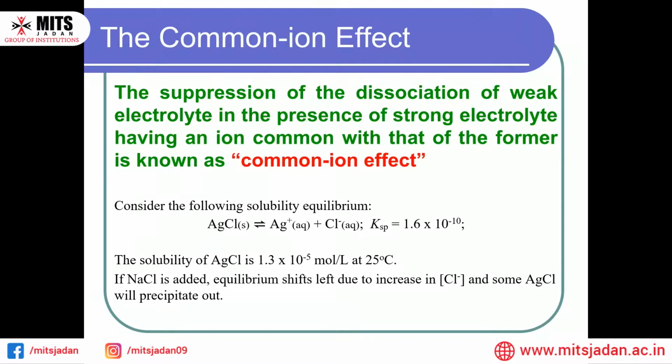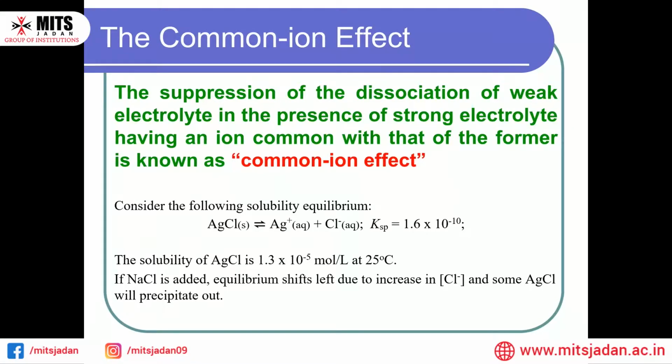A sparingly soluble salt, silver chloride, gives silver ion and chloride ion. The value of solubility product is 1.6 into 10 to the power minus 10 for this equilibrium at 25 degree centigrade temperature.